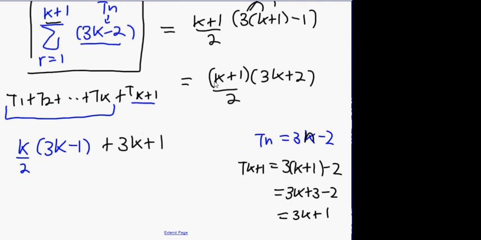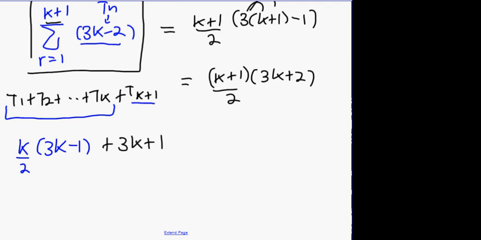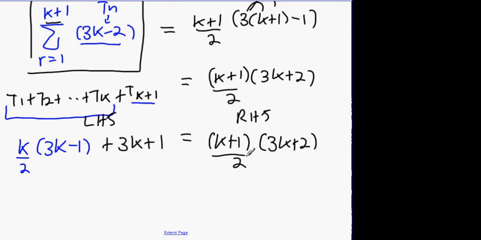Now I have to prove that the left hand side equals the right hand side of k plus 1 over 2 into 3k plus 2. That can be all over 2. Now, what I'm going to do first and foremost is add in the number 2.